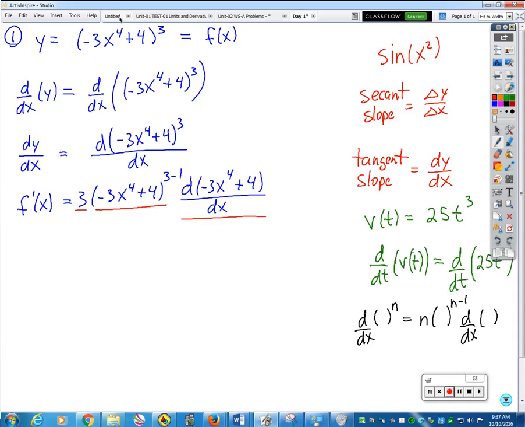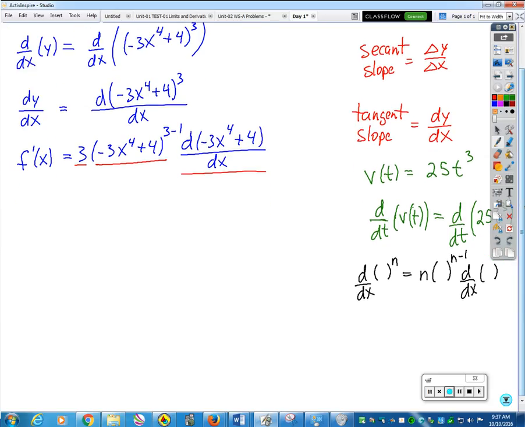When I look at the original function, I see some function, which I sometimes refer to as just something, being cubed. The power rule says that if you're trying to find the derivative of a function being raised to a power, you can use this. That's what I did. Did that answer your question?